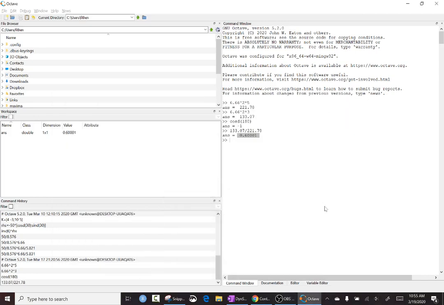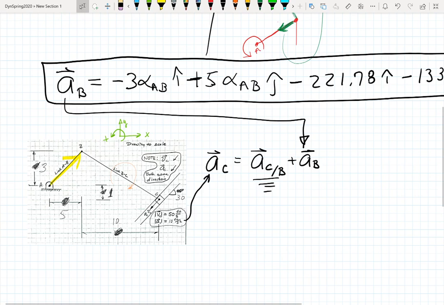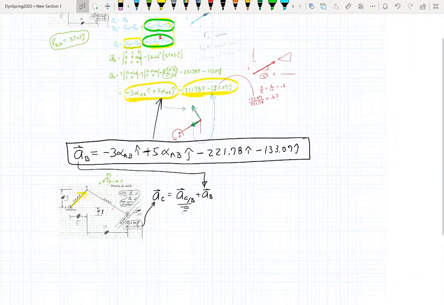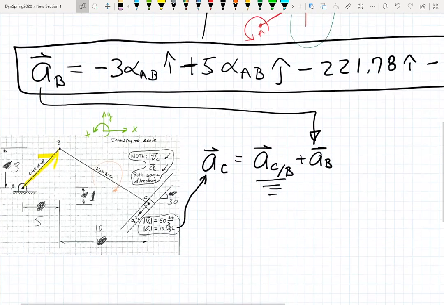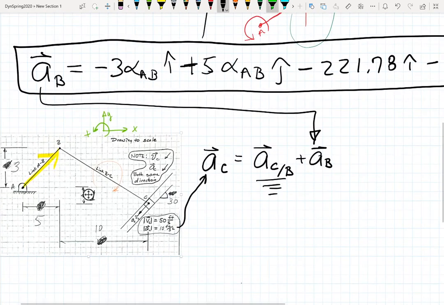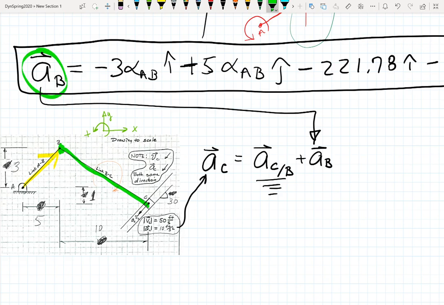All right, we're back. Now, let's take a look. I went to the next page, or dropped down below in this page, and drew it up. I'm looking at link BC. B is common to both the previous link and this link. However, the relative accelerations are the ones we're going to look at.